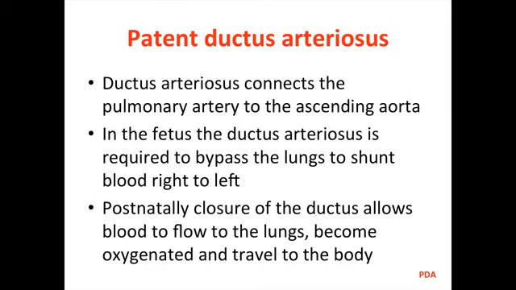Patent ductus arteriosus is an important cardiovascular complication. The ductus arteriosus connects the pulmonary artery to the ascending aorta, and in the fetus, the ductus arteriosus is required to bypass the lungs to shunt blood from the right side of the heart to the left. Postnatally, closure of the ductus allows blood to flow to the lungs to become oxygenated and travel around the body.